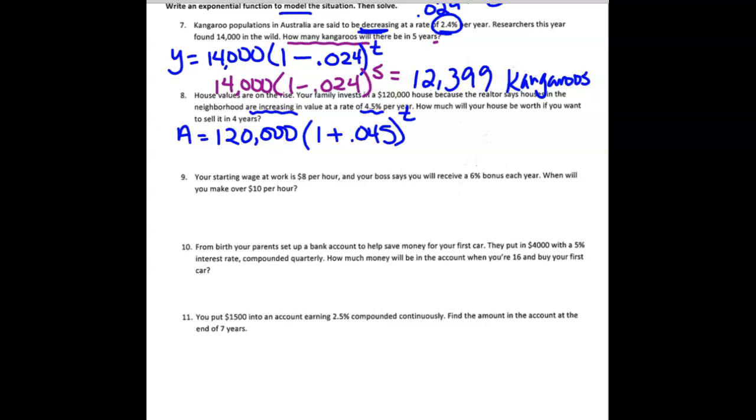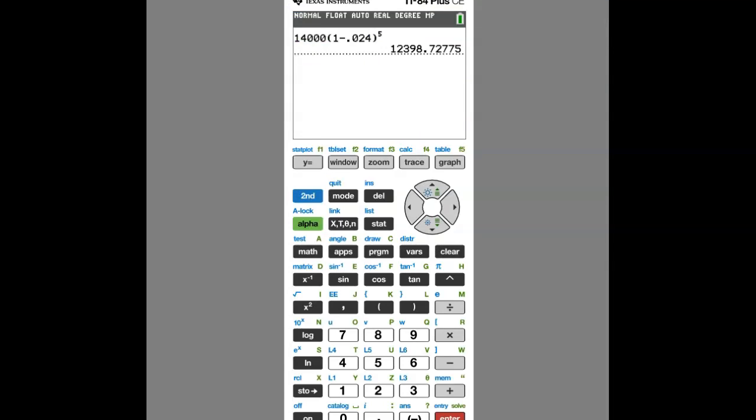Okay? Now we can do the specifics. How much would our house be worth in 4 years? So we can actually plug a 4 in for our time. All right, so this time we have 120,000 times 1 plus 0.045.